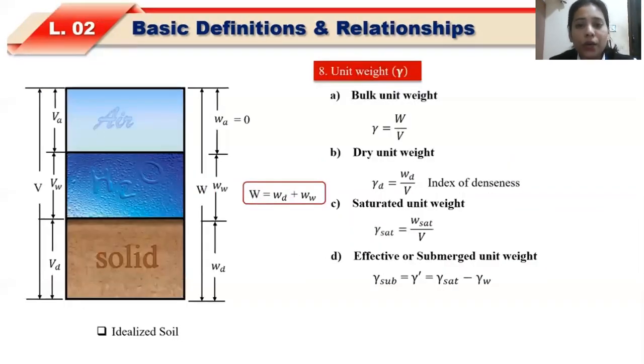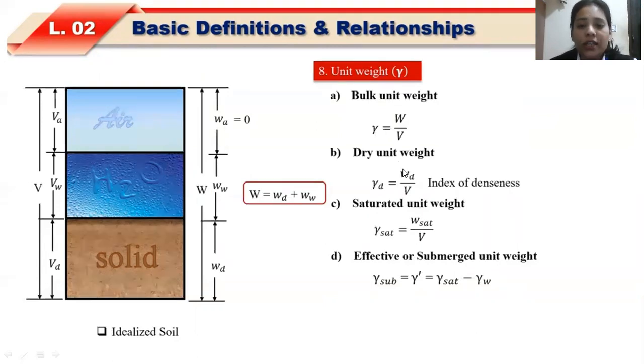Now, we are going to discuss another term, that is unit weight. In case of soil, the unit weight can be bulk unit weight, dry unit weight, saturated unit weight, submerged unit weight. The unit weight is denoted by gamma. The bulk unit weight is the total weight upon total volume.